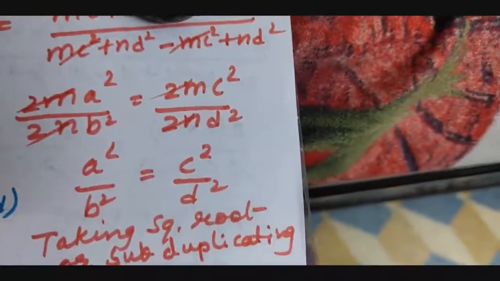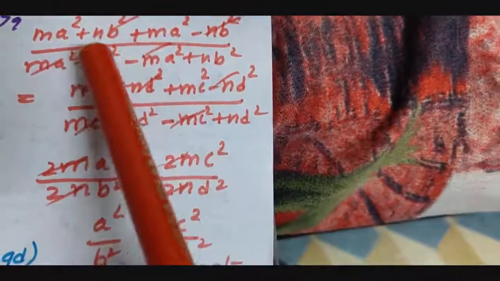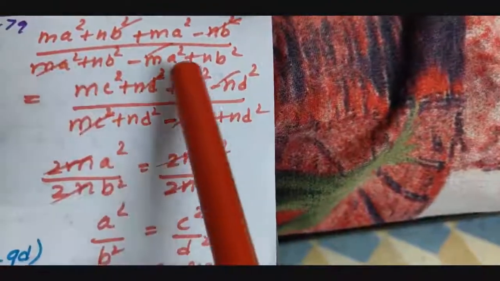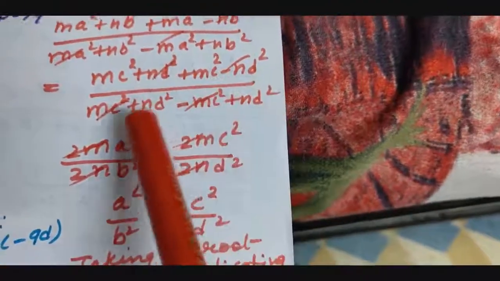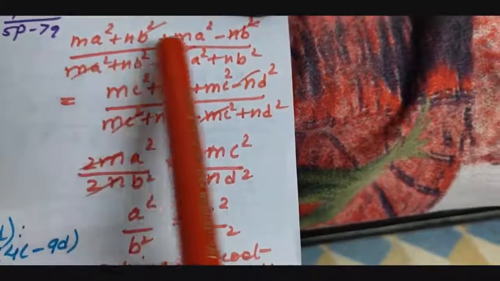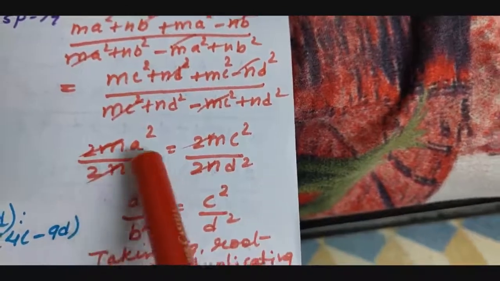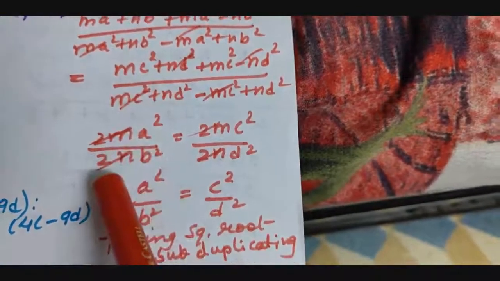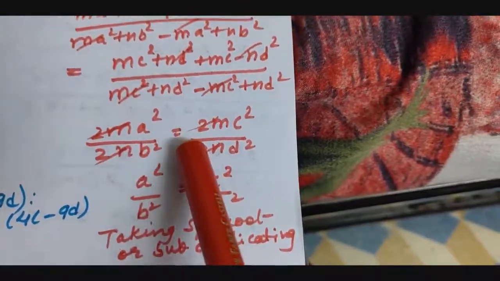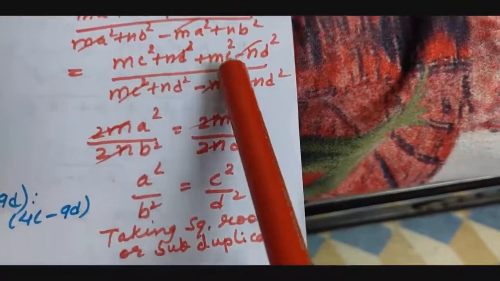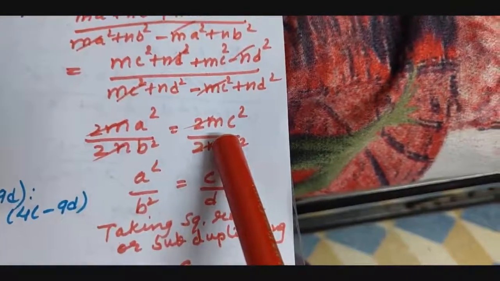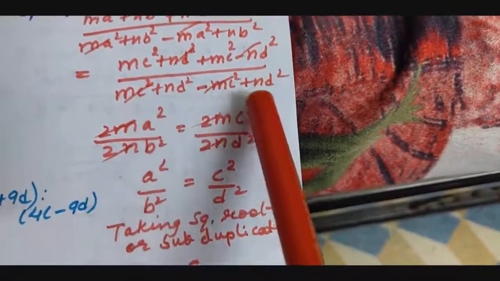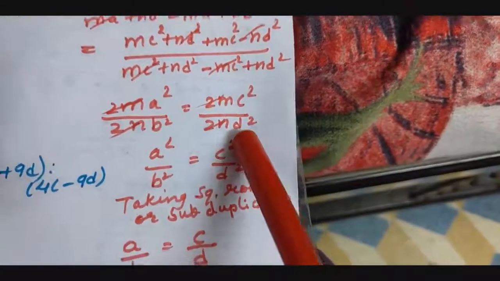So whatever cancellations you have to cancel, like the same terms with different sign cancelled here, and ma square plus ma square becomes 2ma square, nb square plus nb square becomes 2nb square, is equal to mc square plus mc square, 2mc square, and nd square plus nd square, 2nd square.